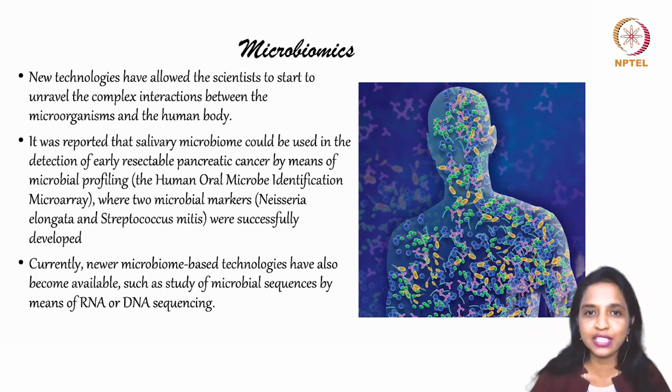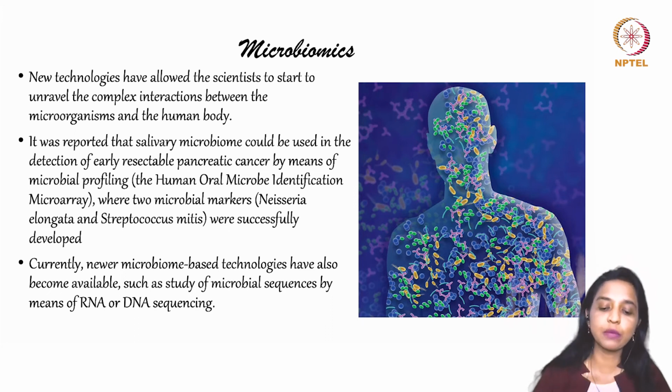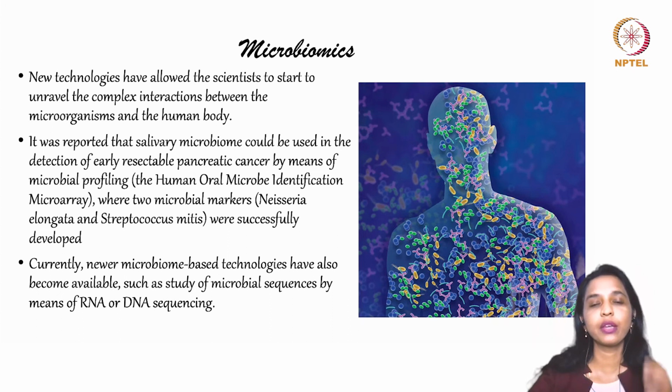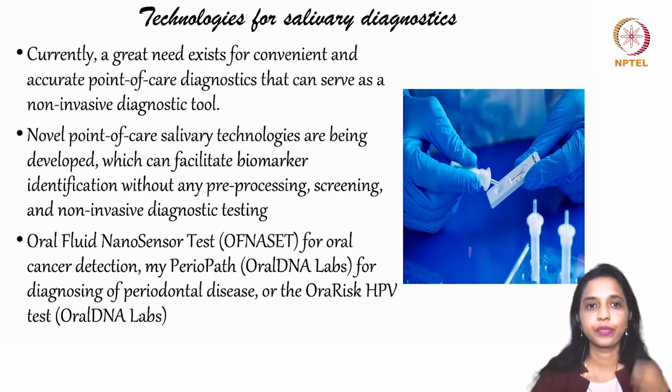Bacteria such as Neisseria and Streptococcus mitis play a very important role during early stages of pancreatic cancers. Such statements play a very important role in prevention as well as in deriving therapeutic strategies.